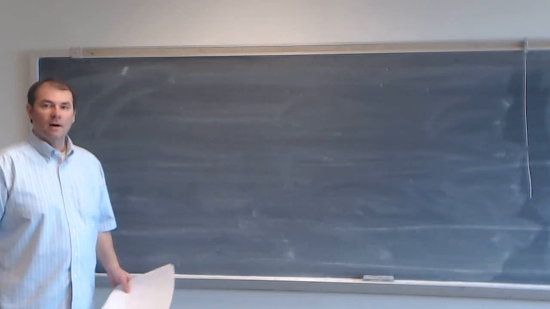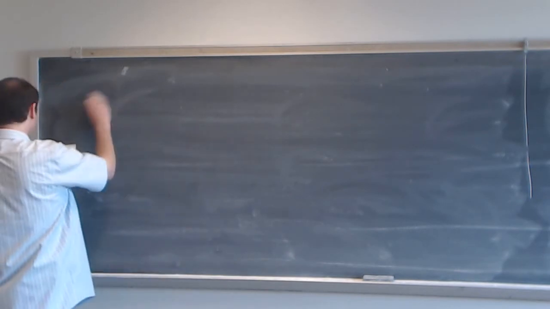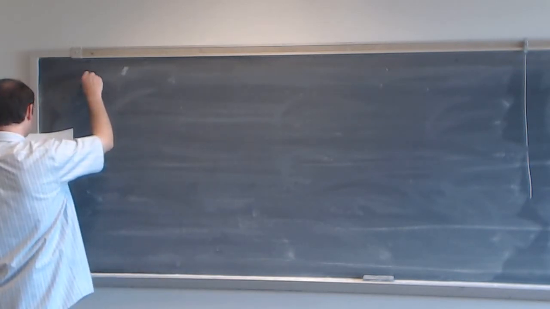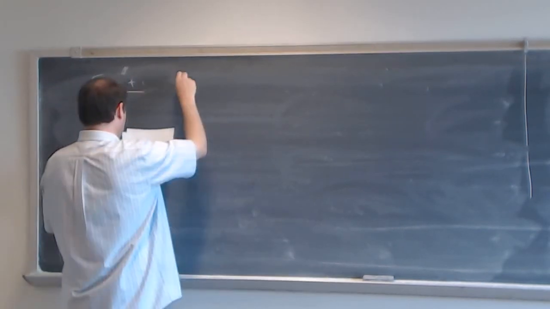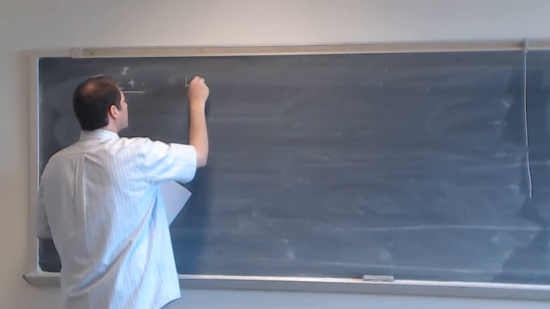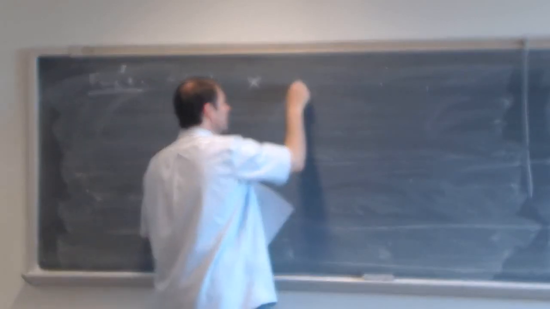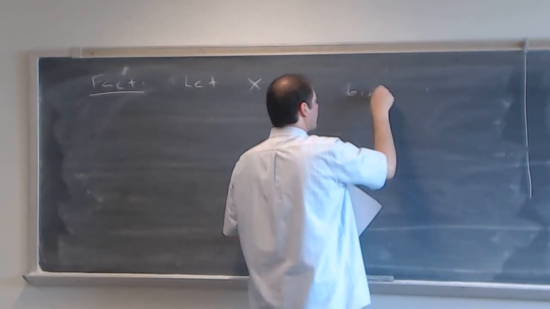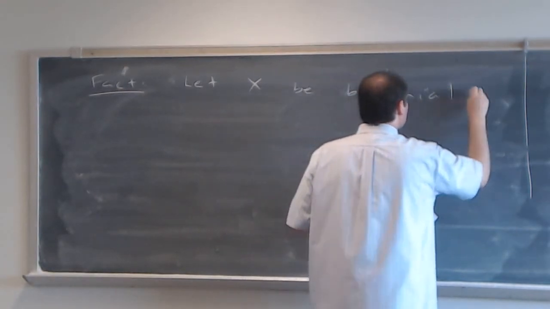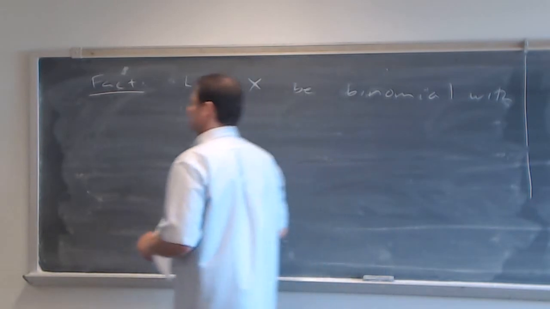Okay, so first of all, let's say it's a fact. We're going to let X be binomial with parameters n and p.